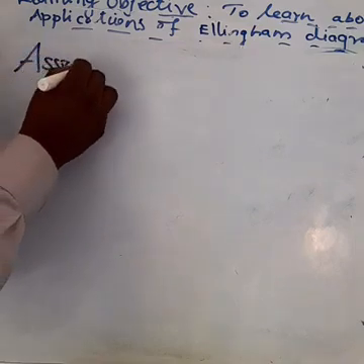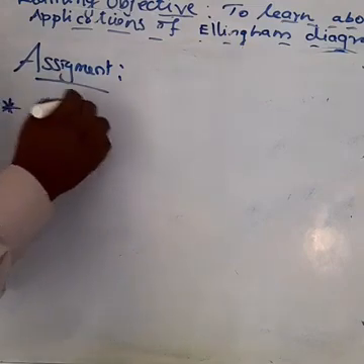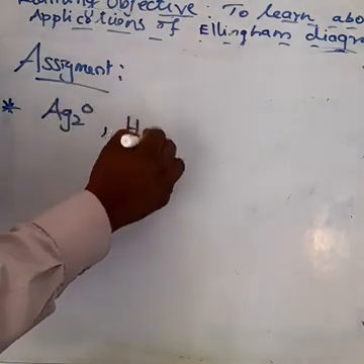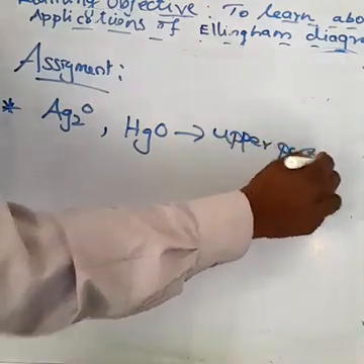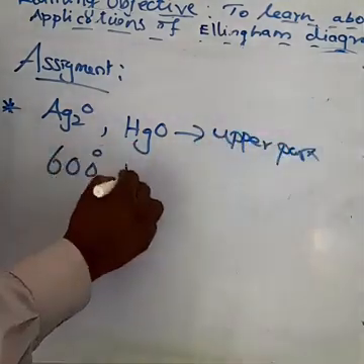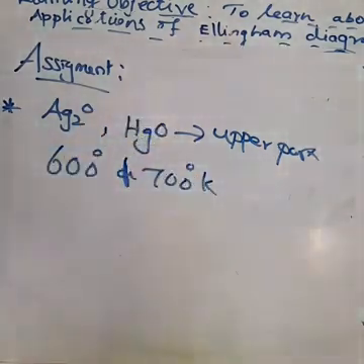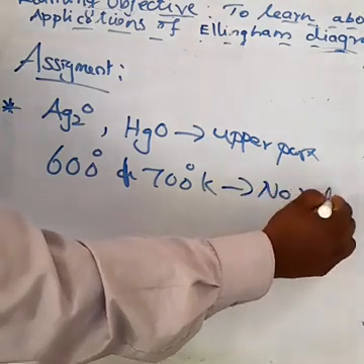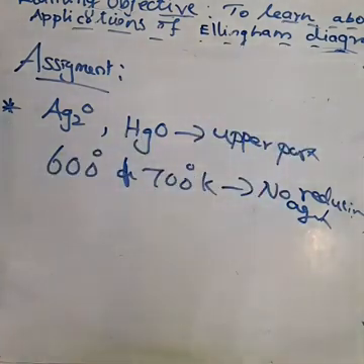The first one is that silver oxide and mercury oxide lie in the upper part of the diagram. Their decomposition temperatures are 600 and 700 Kelvin. Don't forget the temperature also. For this reaction, the conversion of oxide to metal needs no reducing agent. In the absence of a reducing agent, these metals undergo decomposition on heating.